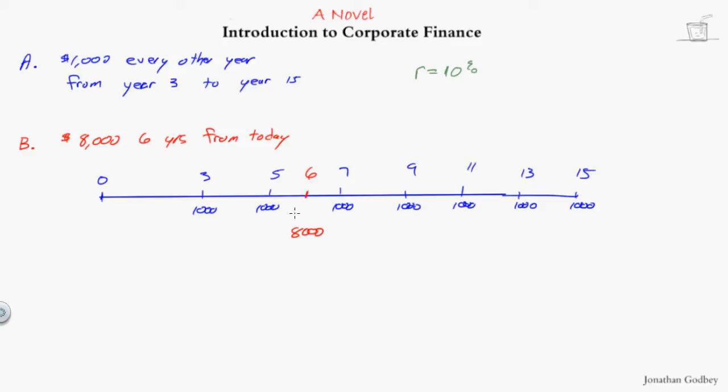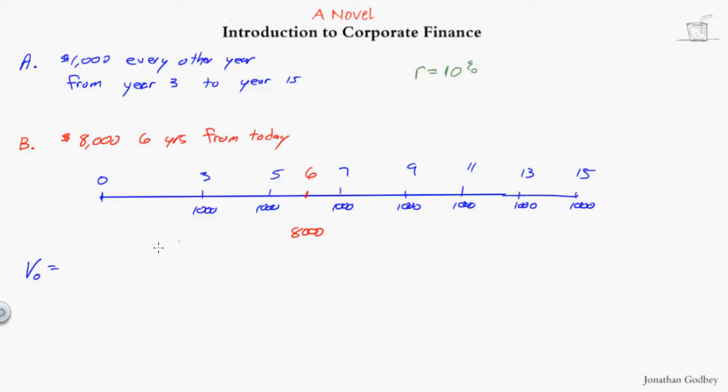I don't care if that is at time 0 or time 15 or where that point is. So there are different ways to do this. Way number 1, let's say we get the value at time 0 of everything in blue, and then we get the value at time 0 of everything in red.